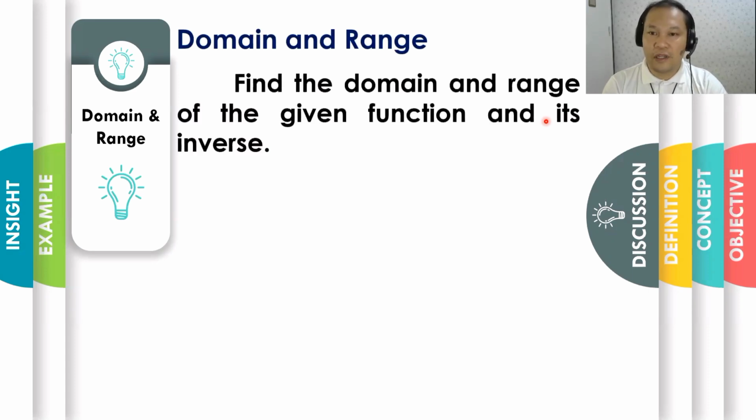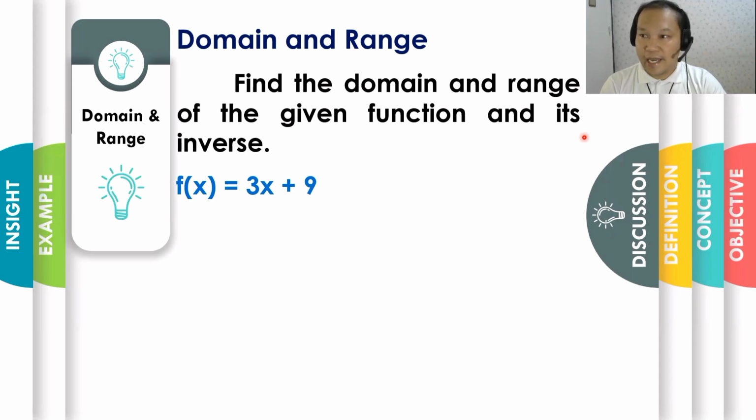For example, find the domain and range of the given function and its inverse. I will be using the previous examples from the last video discussion that I uploaded. Here, I have f of x is equal to 3x plus 9.